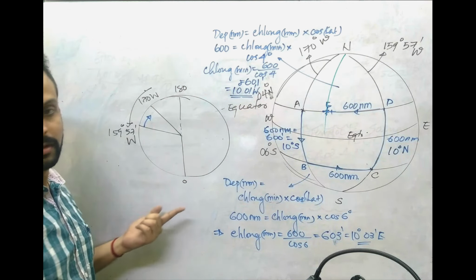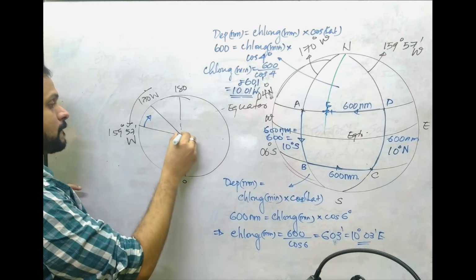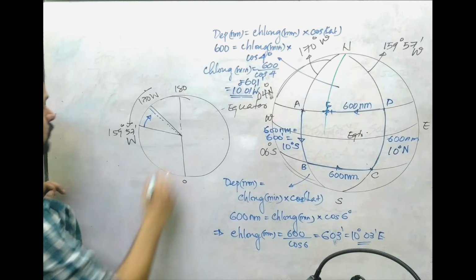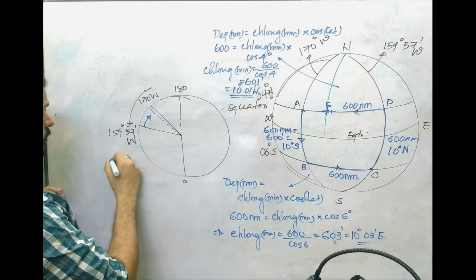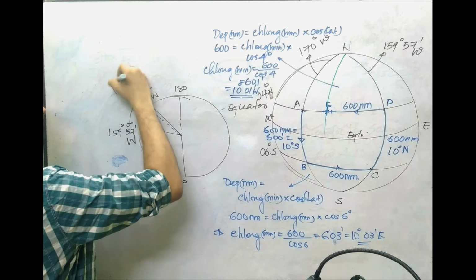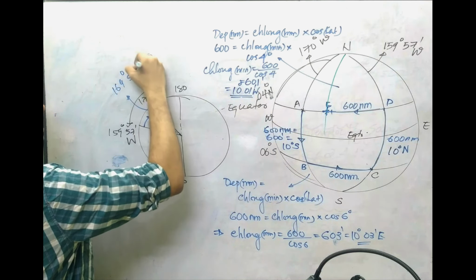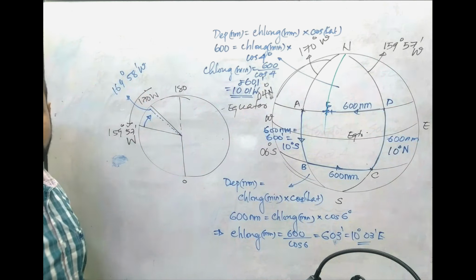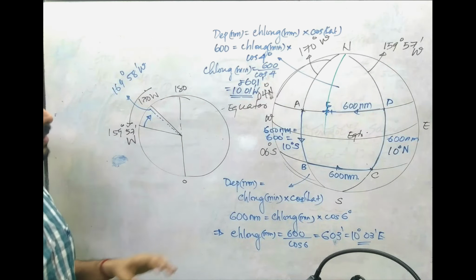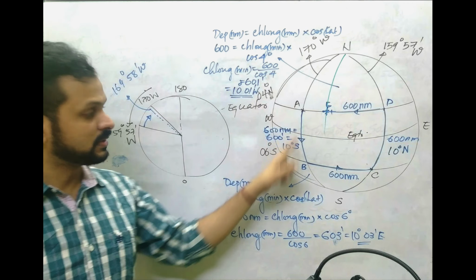Where will you end up? Very close to 170 degrees, right? Very, very close to that. So it's around 10 degrees 1 minute. It will be 169 degrees 58 minutes west, right?